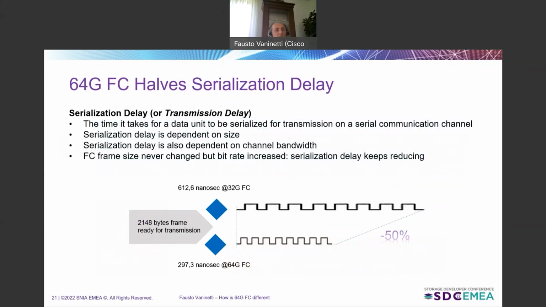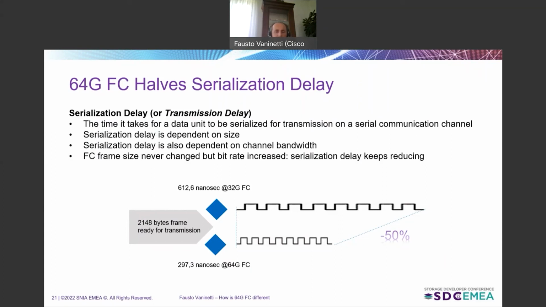Another change, another improvement coming with 64 gig fiber channel is serialization delay. Clearly, this is the time it takes to put bits on the wire. Imagine you want to transmit a full-size frame, 2148 bytes. If you do that at 32 gig fiber channel, that will take you 612 nanoseconds.